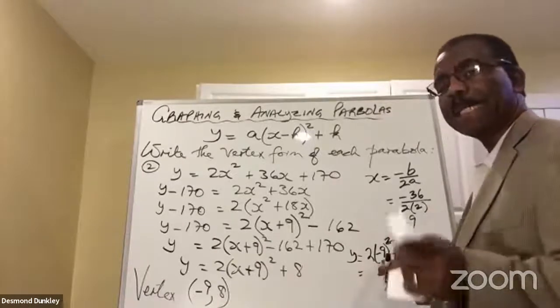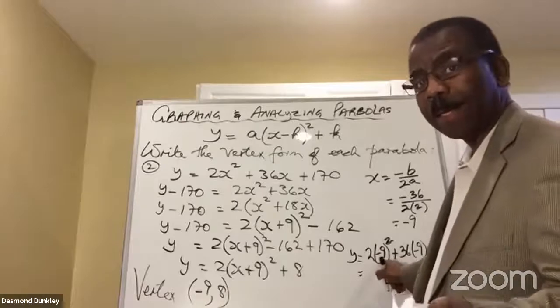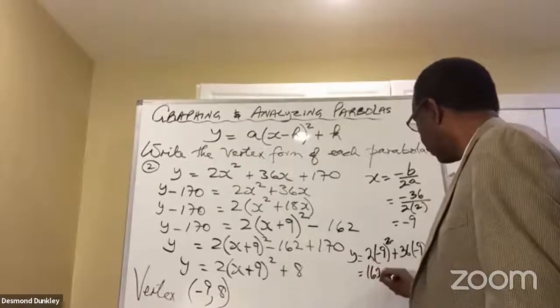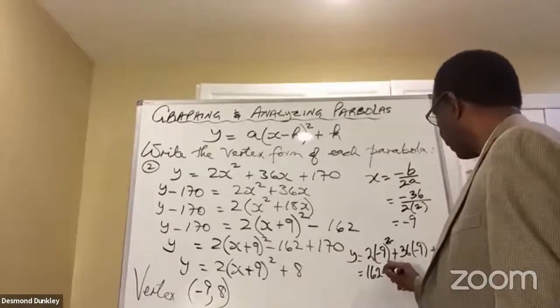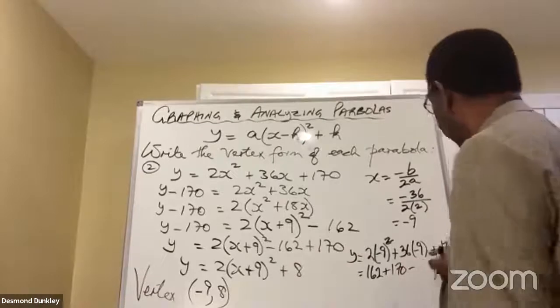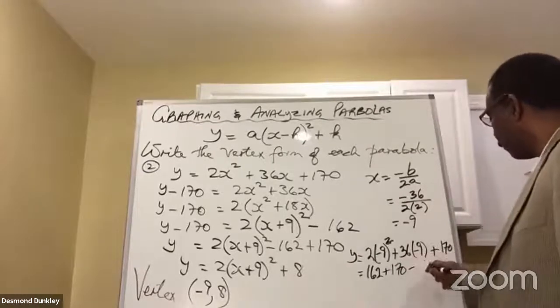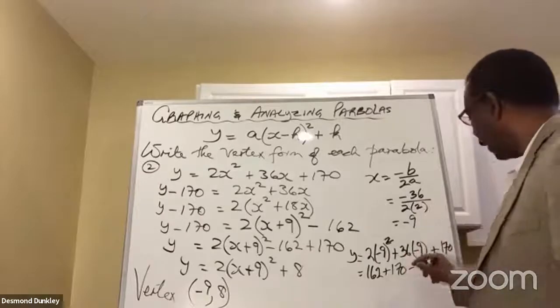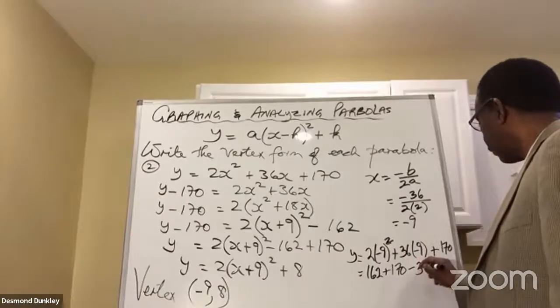Negative 9 times negative 9 is 81. 81 times 2 is 162, plus 170. Minus 9 times 6 is 54. 9 times 3 is 27 and 5, 32.